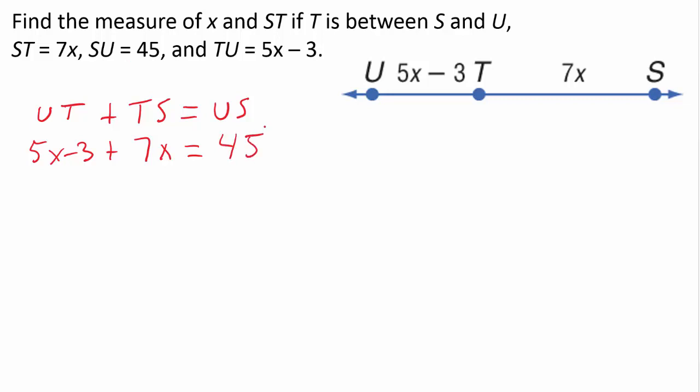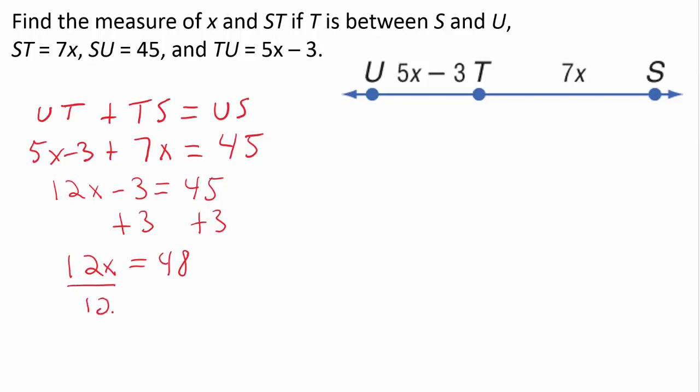And now all we have to do is solve for X. We can combine like terms on the left side of the equation. 5X and 7X will give us 12X. Minus 3 equals 45. You have to add 3 to both sides of the equation. And we're left with 12X equals 48.